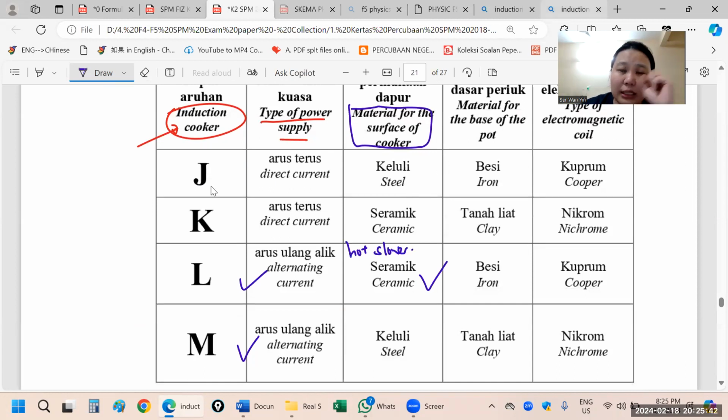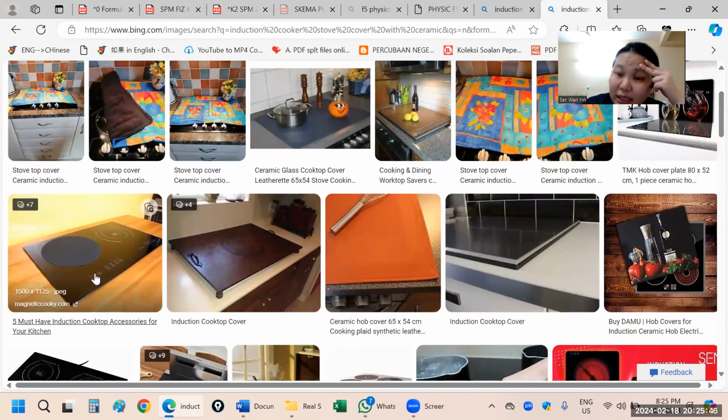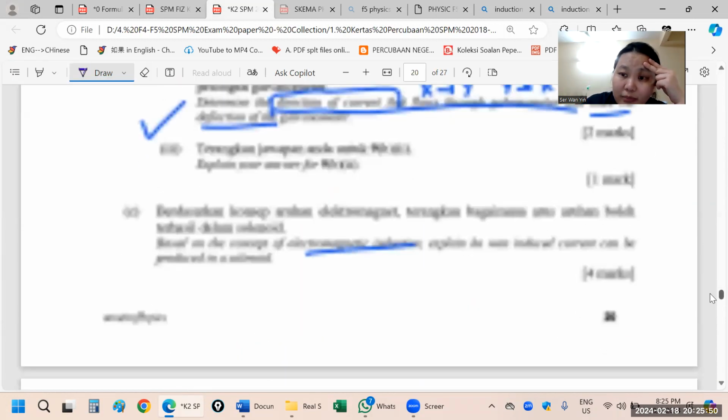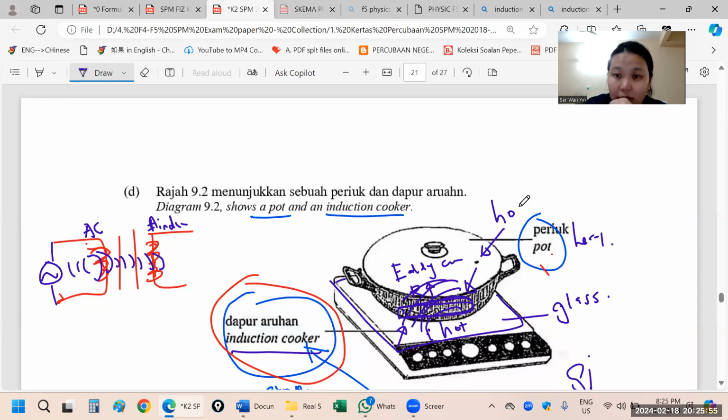Then why, using this induction cooker, induction stove, is it still hot afterwards? It's because of the heat from the pot. The pot is too hot, then the heat transfers to the surface.